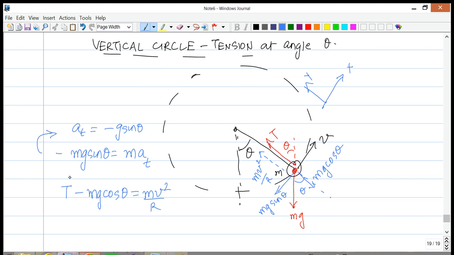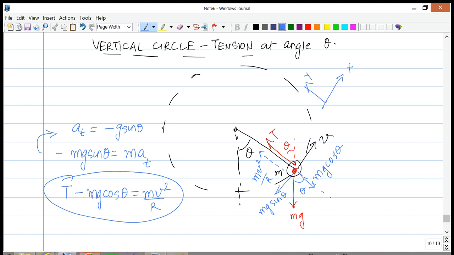The second equation gives us T minus mg cosine theta equals mv square over r. If you want to check, for the vertical cases, at the bottom or at the top, this second equation reduces to the two equations that we had for the bottom and for the top.